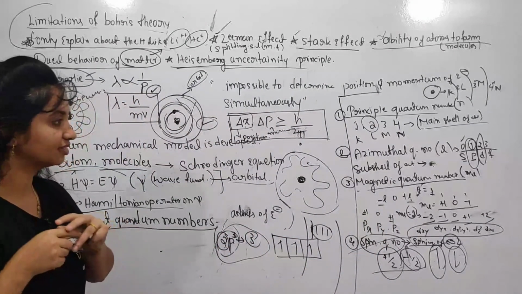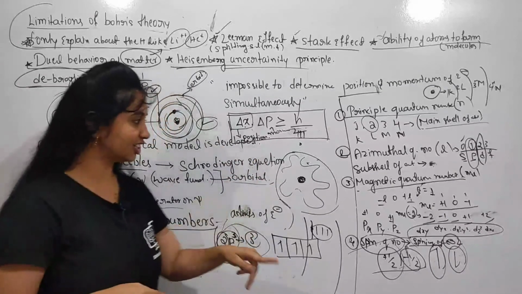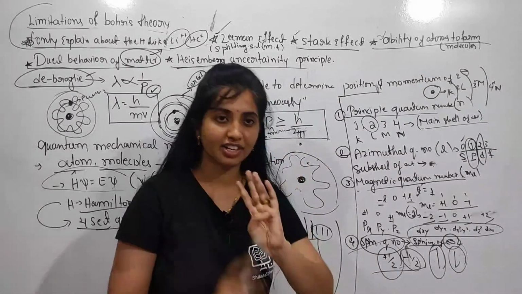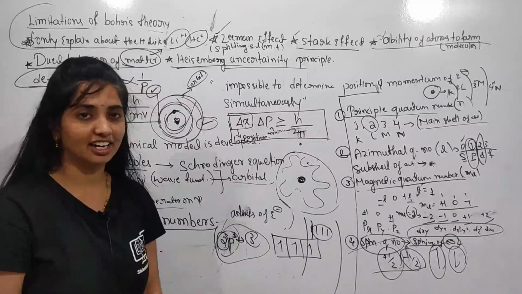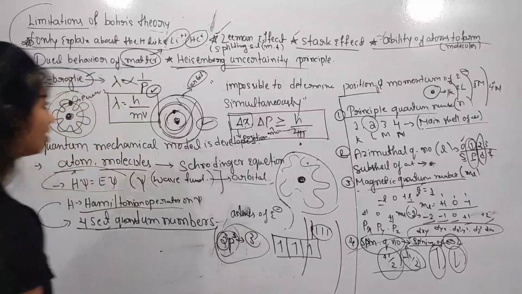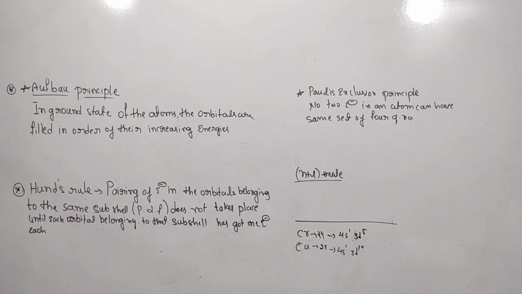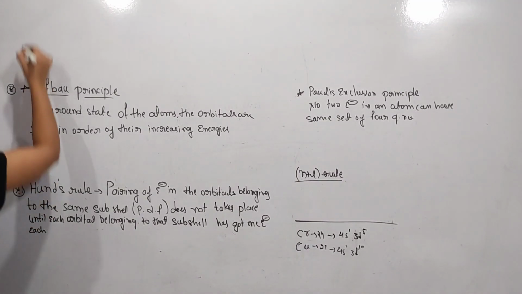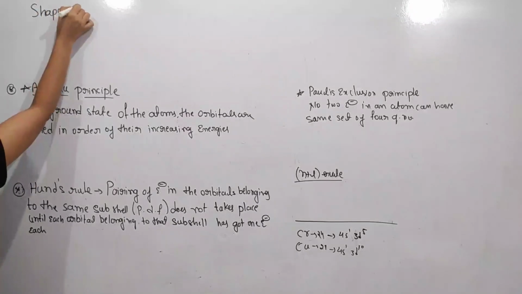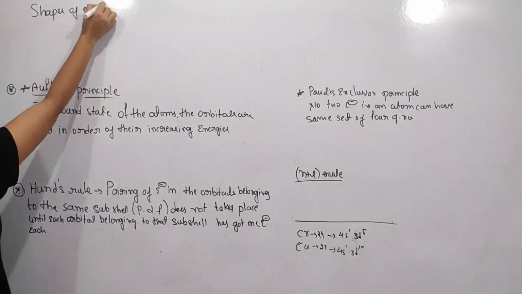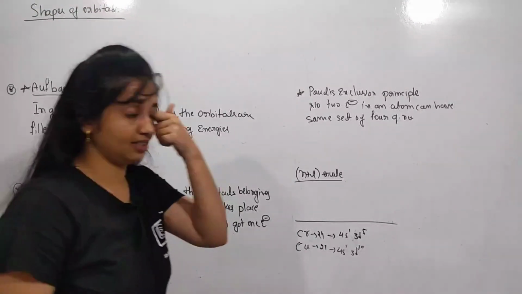And the next one, I wish to explain about the shapes of an orbital. I already told you orbitals have different shapes, different sizes and different energies according to their atom. So what are the shapes of orbitals? The shape of an orbital is decided by electron density.